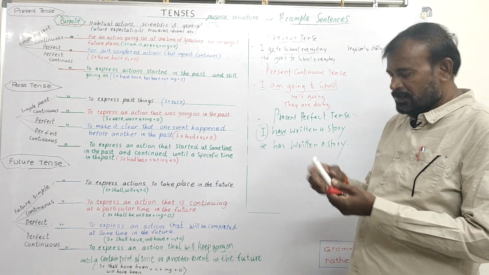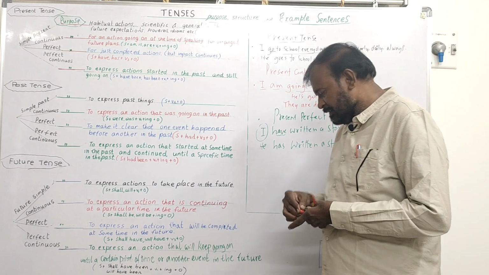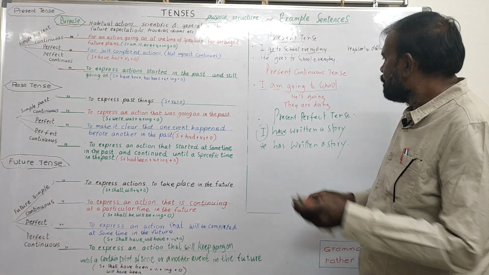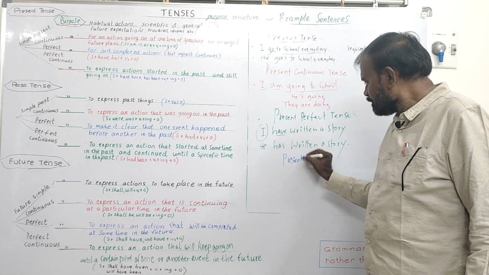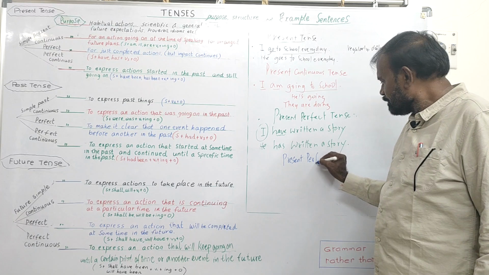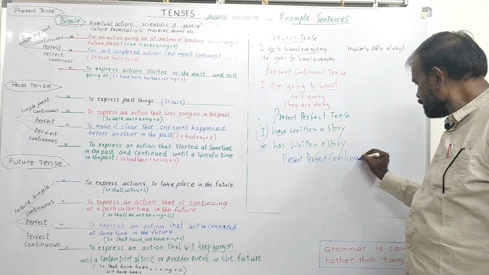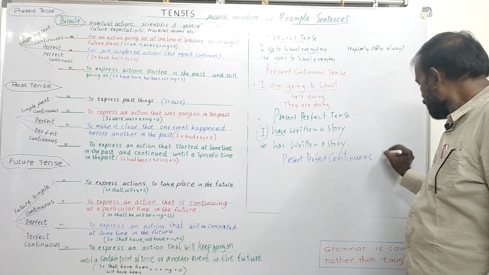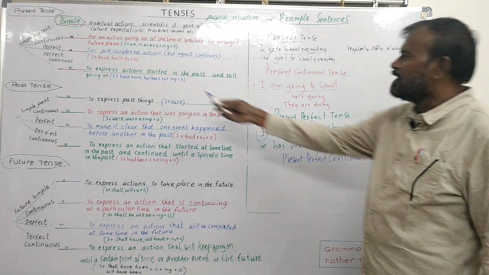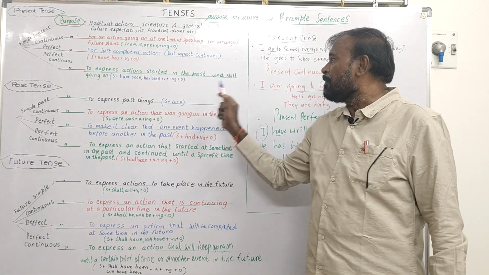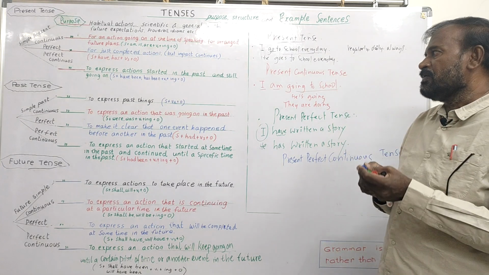Next is present perfect continuous. It is used to denote actions started in the past and still going on, and which may continue now also.